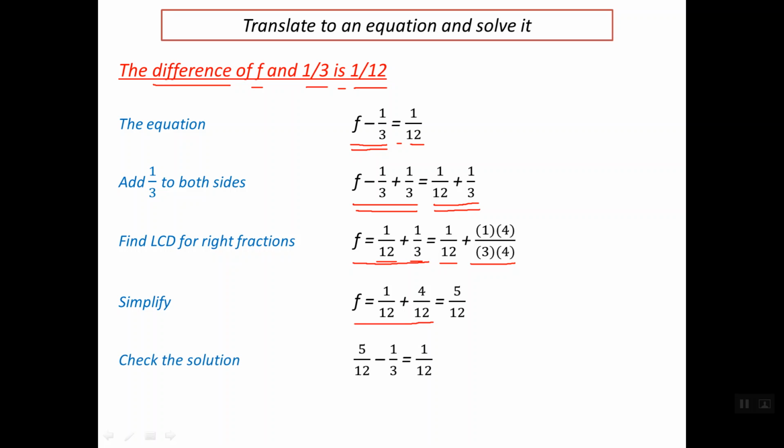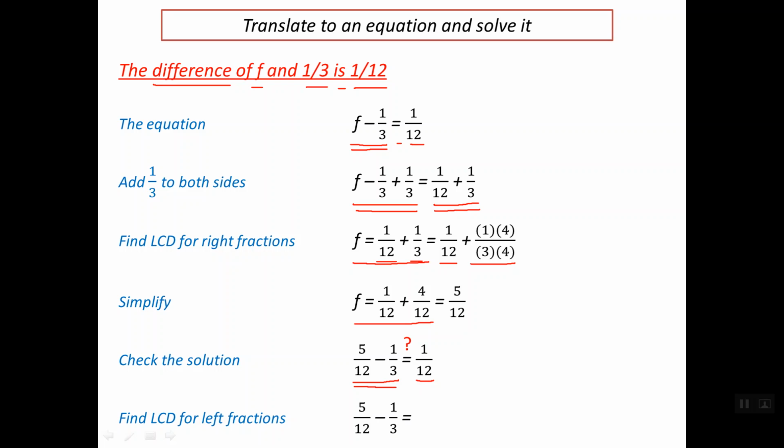Now we can check by substitution. So f minus 1/3, with the found value of f, should equal the right side of the equation. We need to check this equality. Regarding the left side, we have a difference between two fractions, same as we did before. We find the LCD, which is 12.